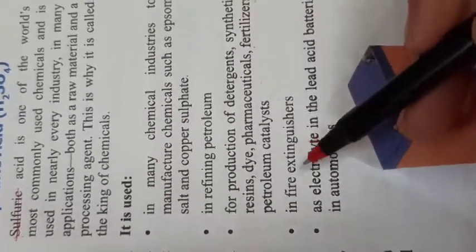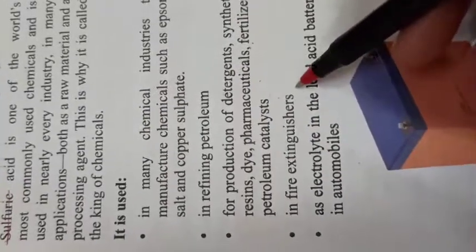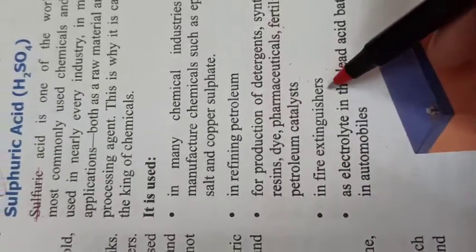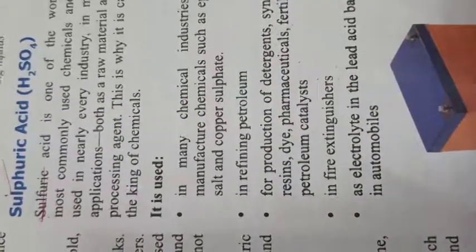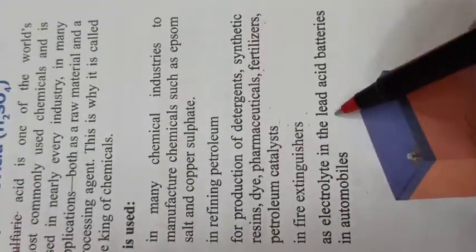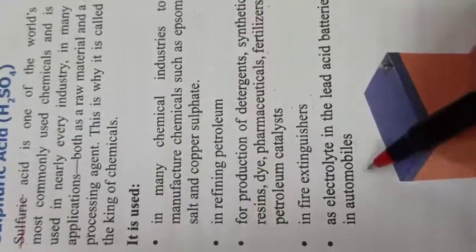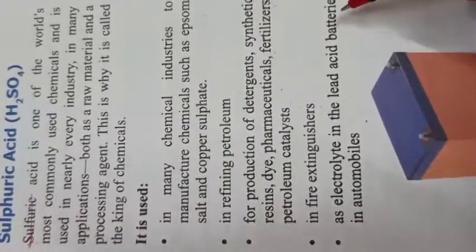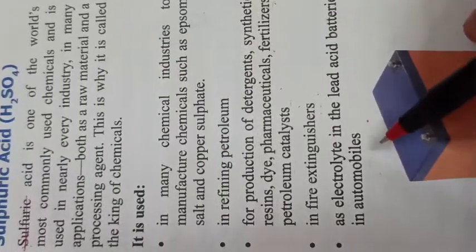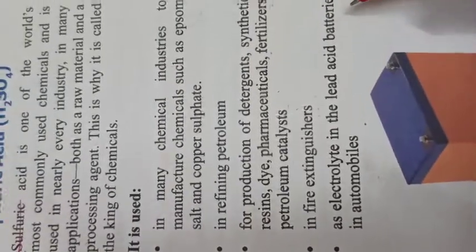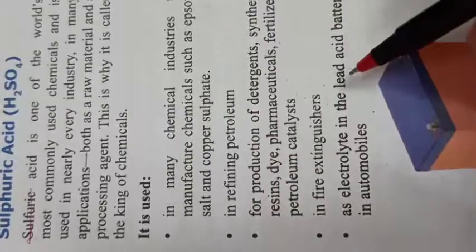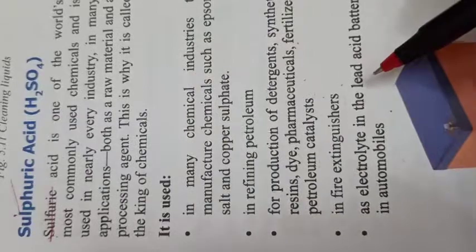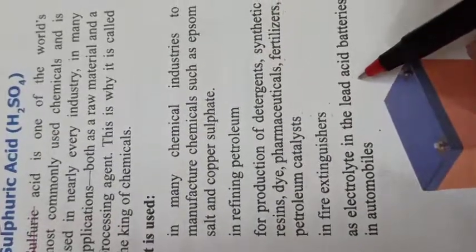Okay. In fire extinguishers, to control fire we use fire extinguishers, and in fire extinguishers we use sulfuric acid. As electrolyte in the lead acid batteries in automobiles. Children, you know the batteries we use in our automobiles, like two-wheelers and four-wheelers, and in that battery also, you ask your father, one of the acids is present.